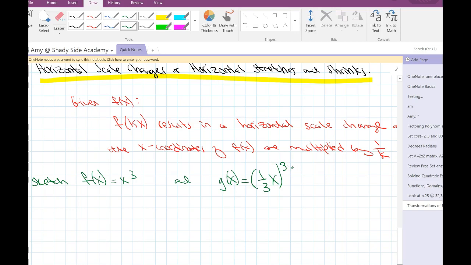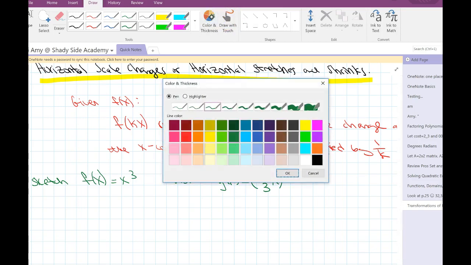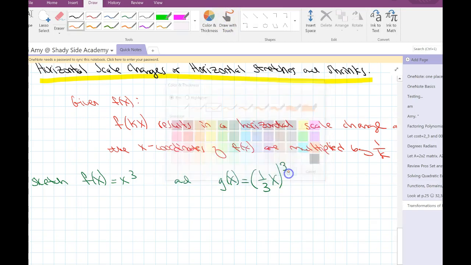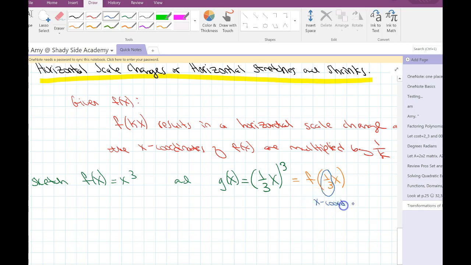Similar to what we've been doing, I'm going to express g of x in terms of f of x. g of x is the result of f of 1/3 x, and right away I know that f of 1/3 x is going to result in a horizontal scale change, and specifically the x coordinates of all points are going to be multiplied by 3.